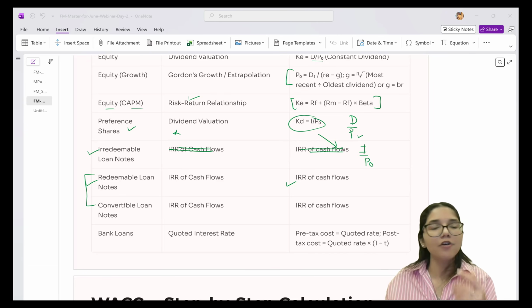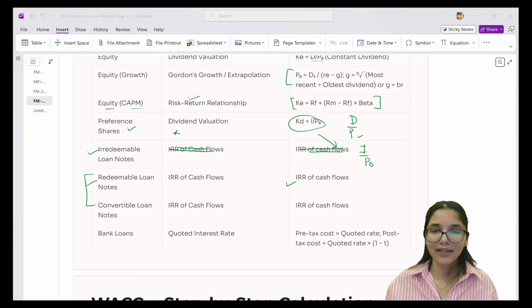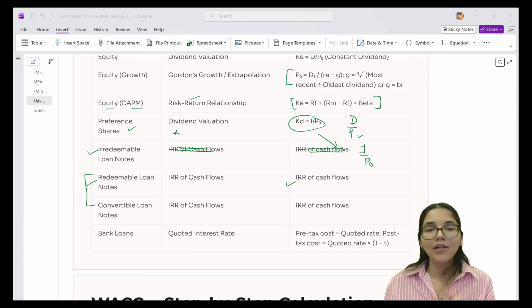So as a company, for example, I'm paying $10 as interest, but in the country where I'm operating, I'm also paying 30% taxes. Now, because of those $10 of interest that I'm paying, my taxable profits will go down by $10. So I get a tax benefit. That is why whenever companies look at their cost, they will consider how much it is costing them in the net effect.